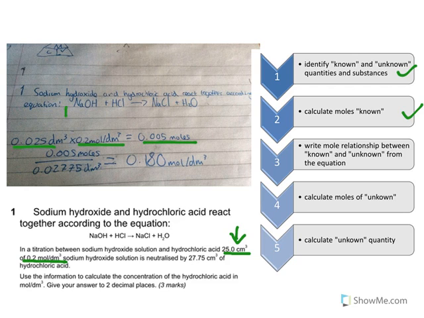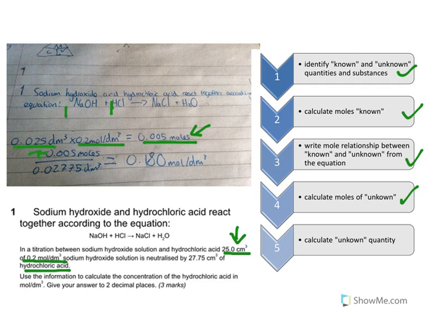You've used the mole relationship, so 1:1. Again, whether you're aware of that or not, when it's 1:1, it's fairly straightforward, because you've recognised that this now gives you the number of moles of the hydrochloric acid here. So you've used this and you've calculated the moles of the known, which is here.